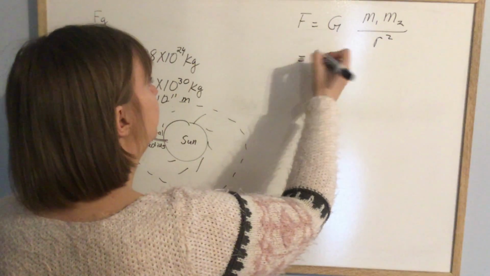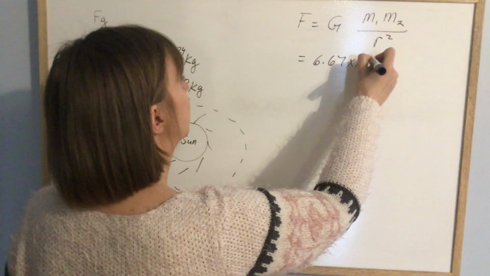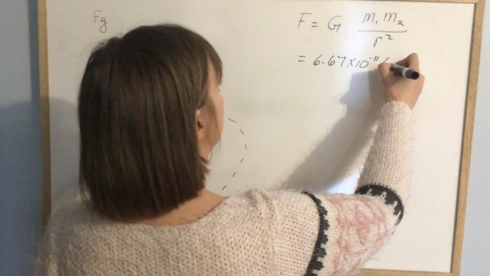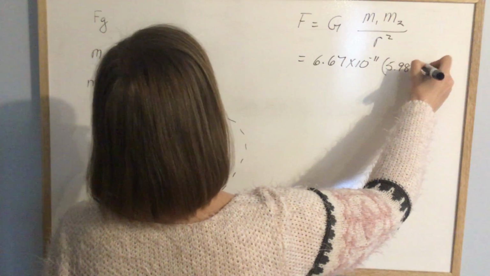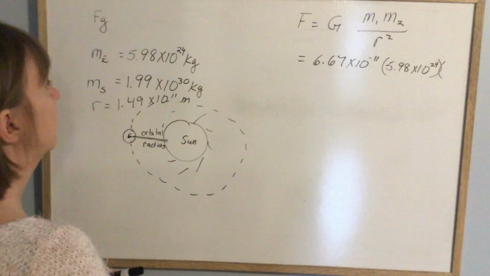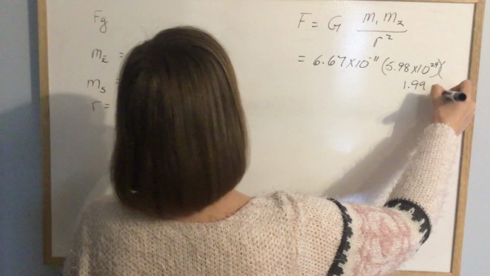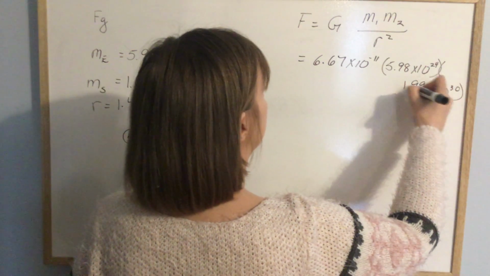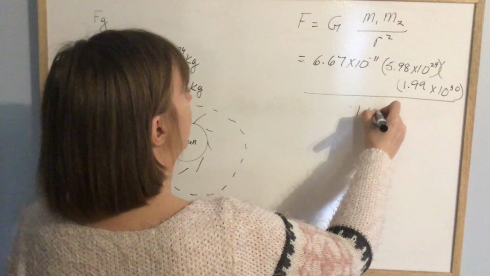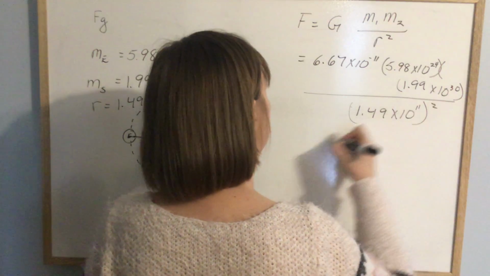So G is a constant, 6.67 times 10 to the negative 11th, times M1, that would be the Earth, 5.98 times 10 to the 24th, times mass of the Sun, and I'm running out of space, so 1.99 times 10 to the 30th, over r squared, which would be 1.49 times 10 to the 11th squared.